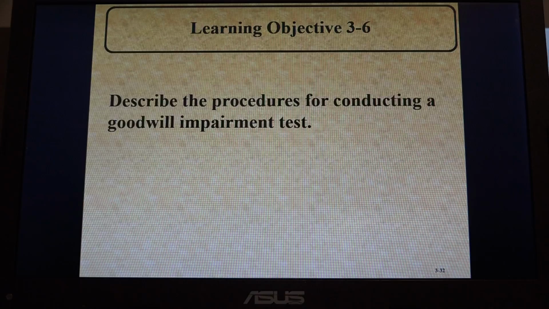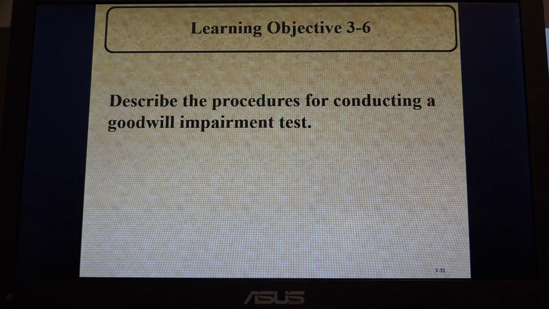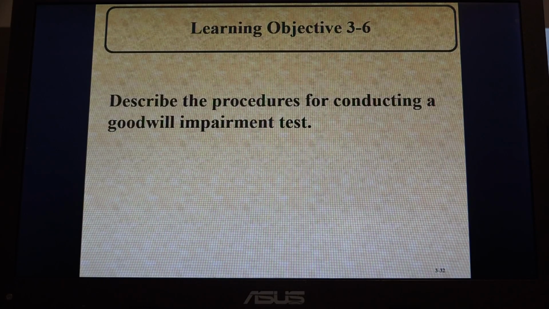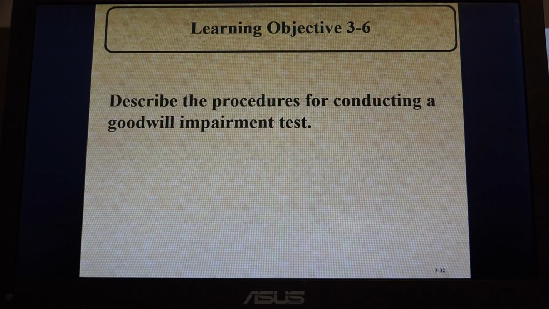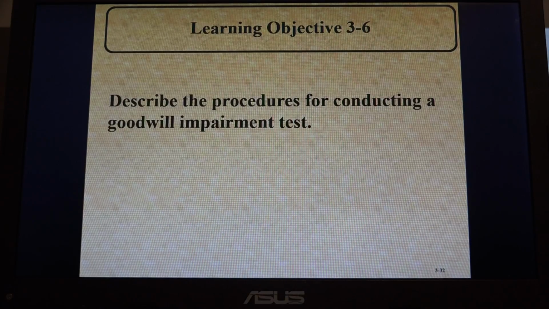FASB figures there's no rational and systematic way of amortizing that like other types of intangible assets. And so what they require in the alternative is to do this impairment test every year.